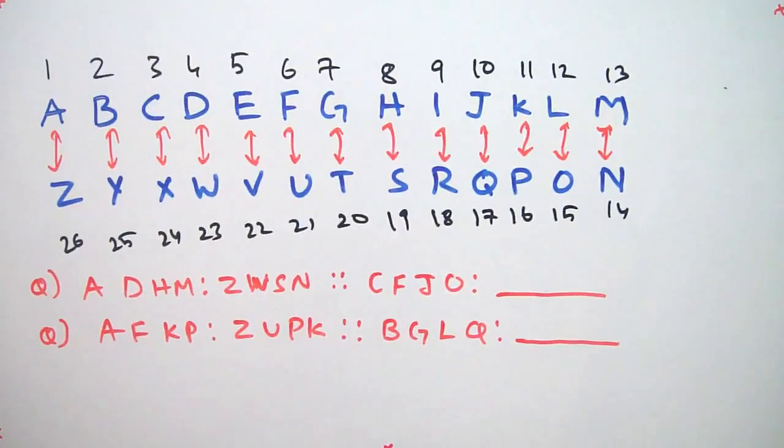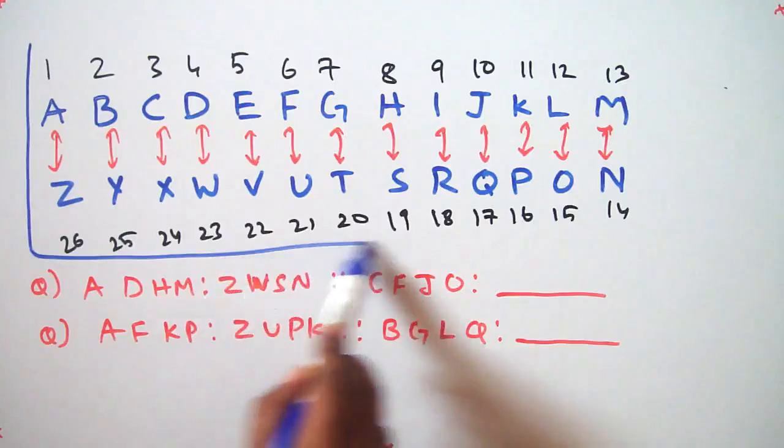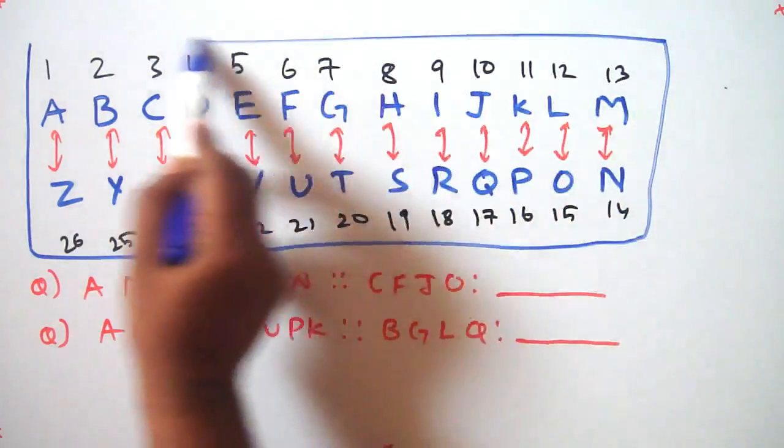In letter based analogy, you have to write this down before the start of the exam. You will be given rough sheets, friends. In those rough sheets, you have to write down this format of alphabets and numbers.